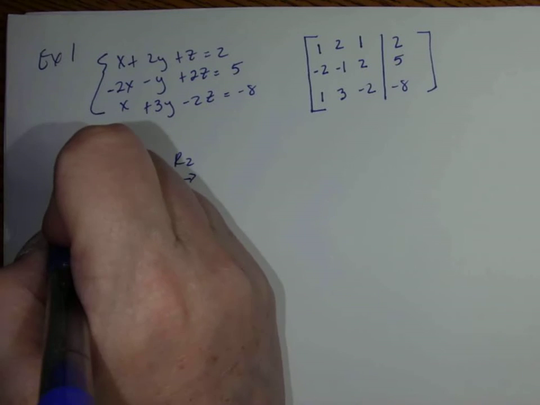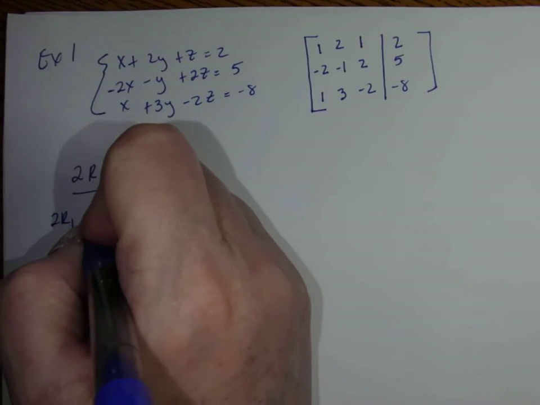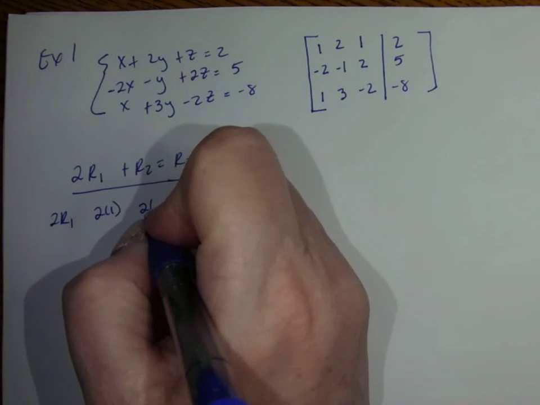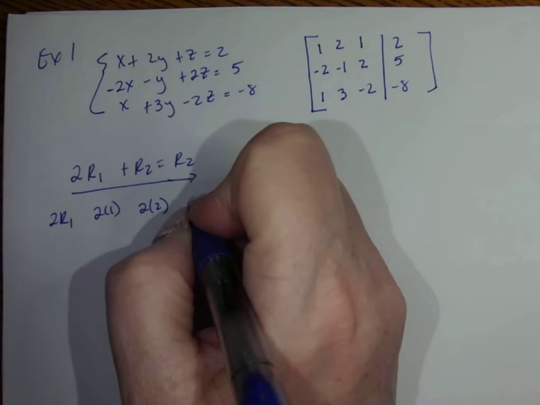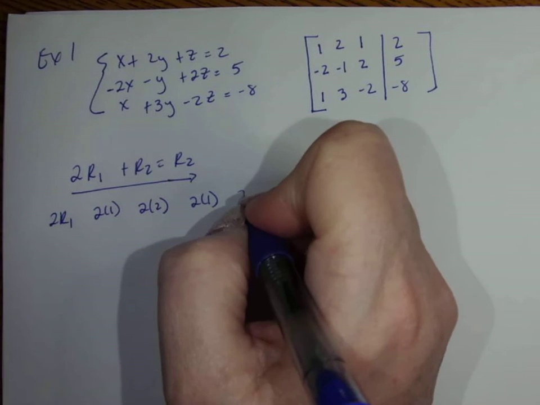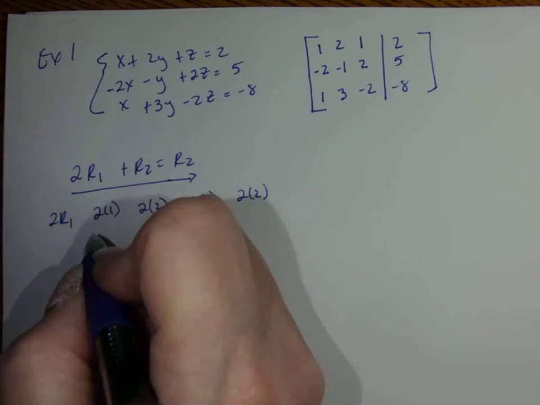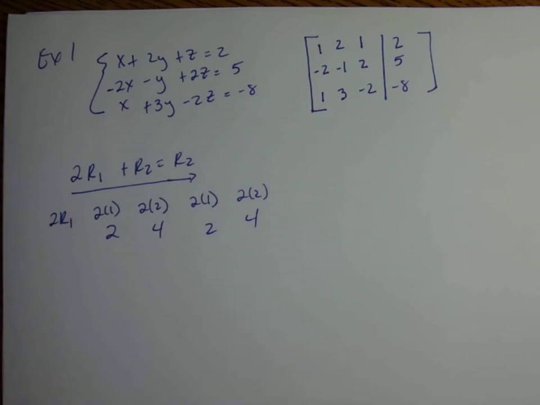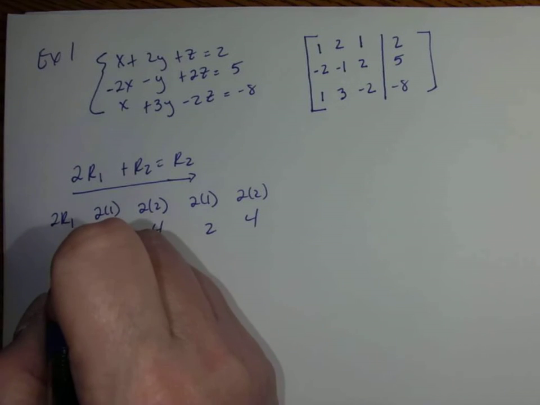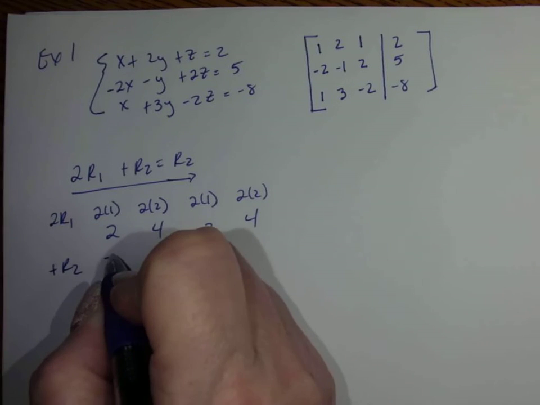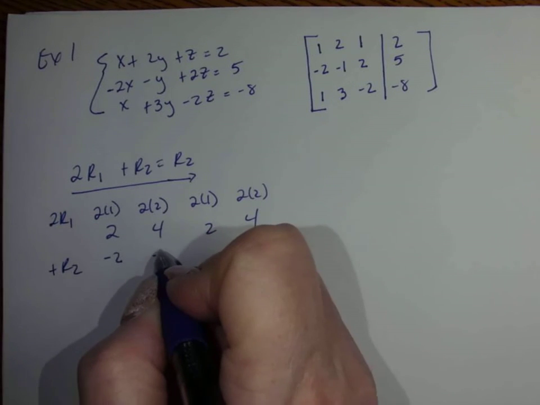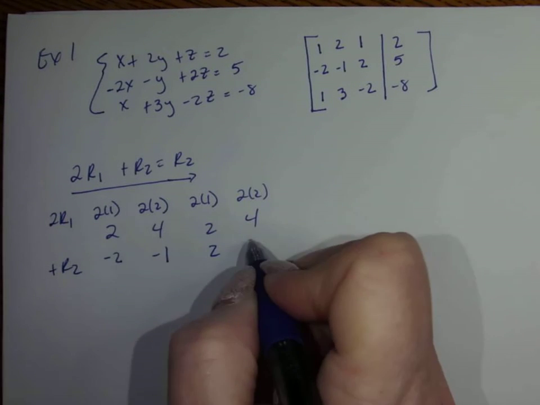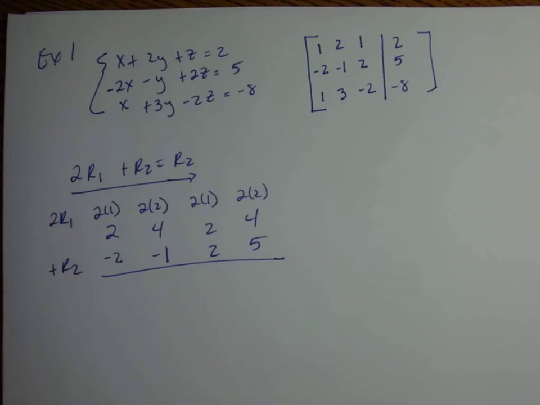So 2 times row 1 will get us 2 times 1, 2 times 2, 2 times 1, and 2 times 2. Gets us 2, 4, 2, and 4. And then we have to add row 2. Negative 2, negative 1, 2, and 5.